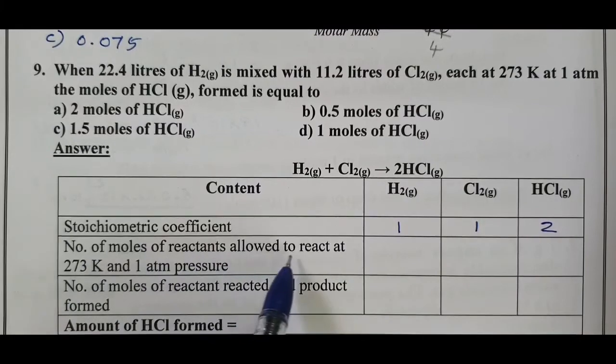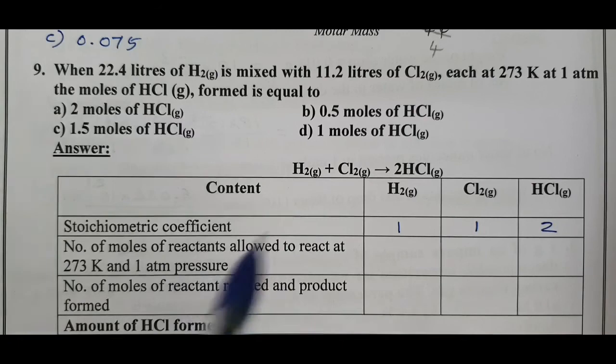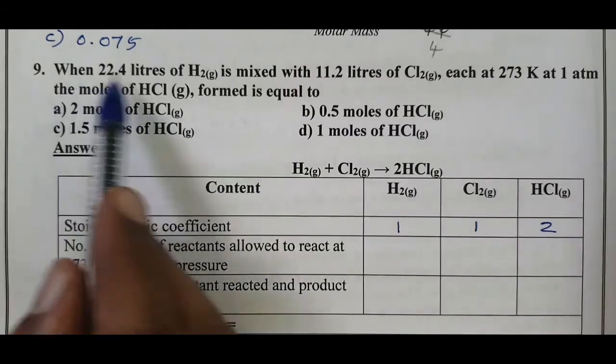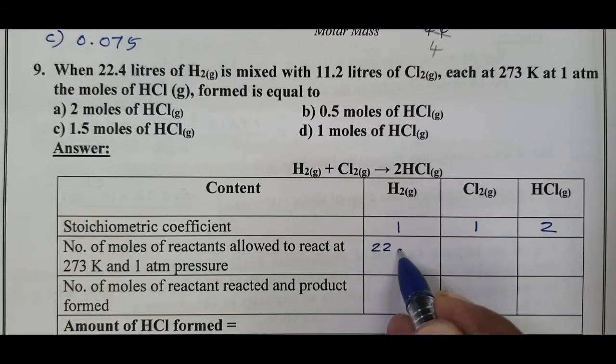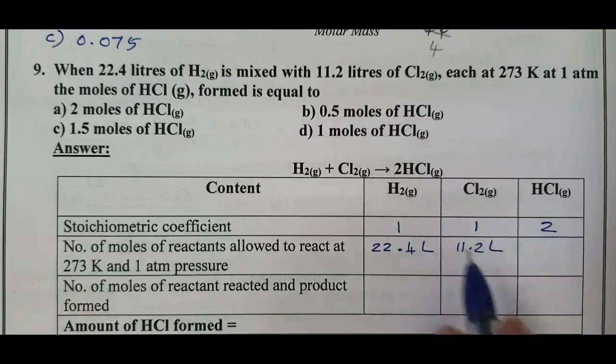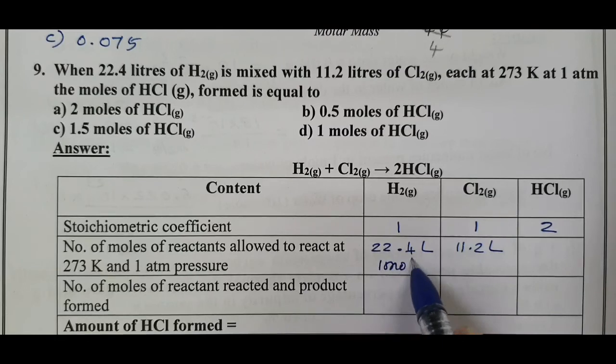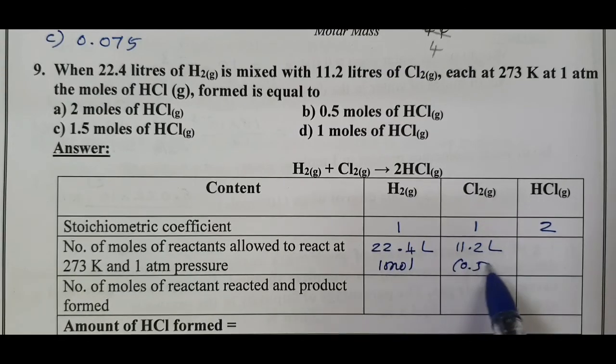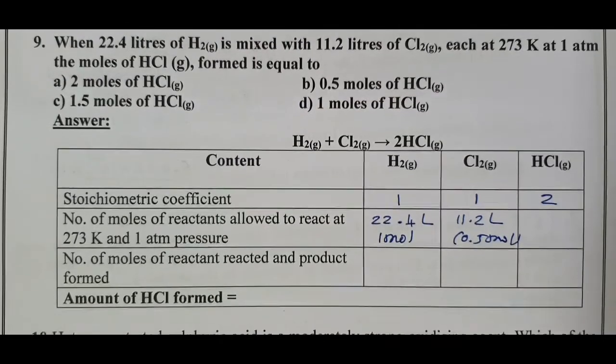Number of moles of reactant allowed to react at 273 Kelvin and 1 atm pressure. Hydrogen is 22.4 liter and chlorine is 11.2 liter. If 22.4 liter equals 1 mole, half of this value means 0.5 mole. Now, the number of moles of reactant reacted and product formed.